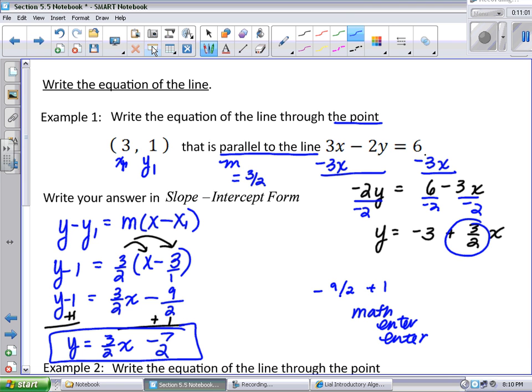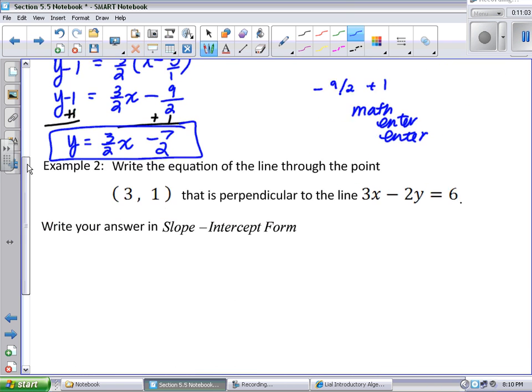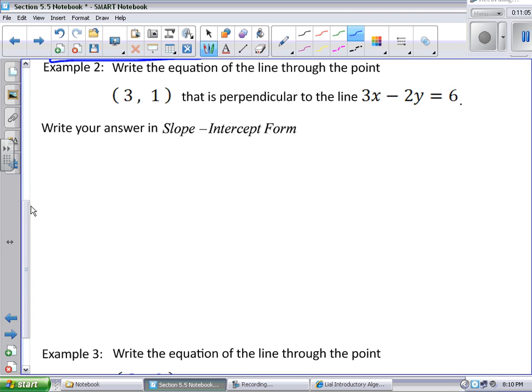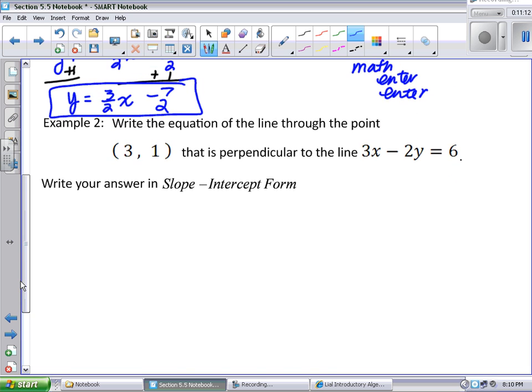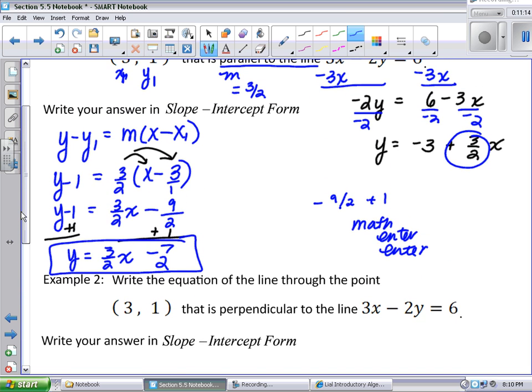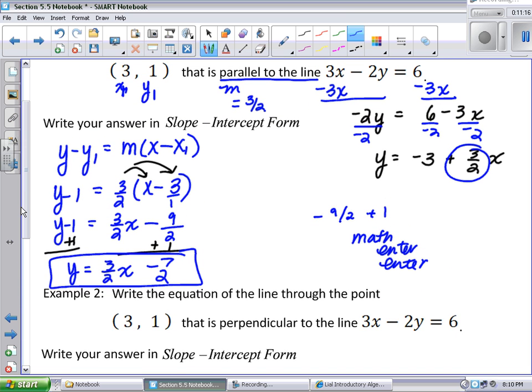Let's do another example. Example 2 says write the equation of the line through the point 3, 1 perpendicular to this line. If you notice, this example is very similar to the first example. The only difference here is we're asking for perpendicular to.